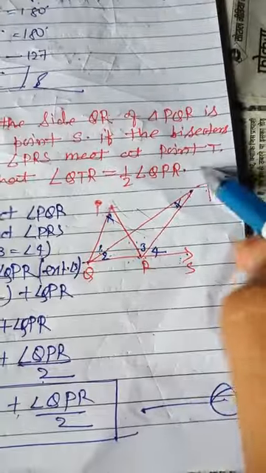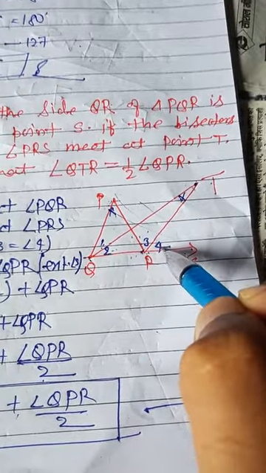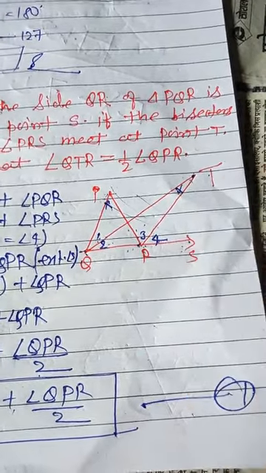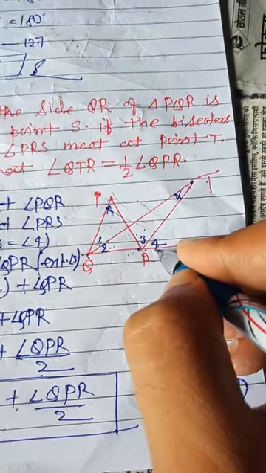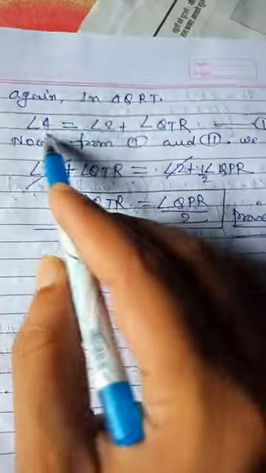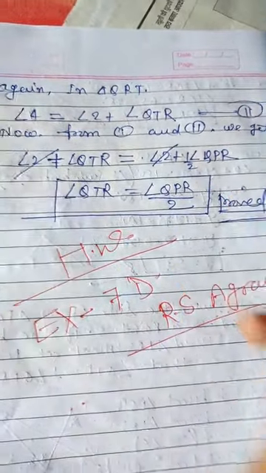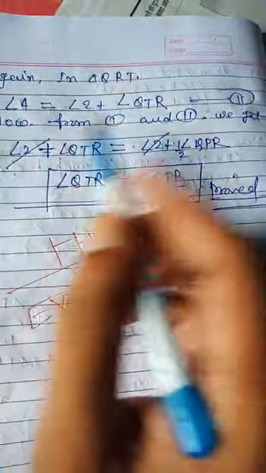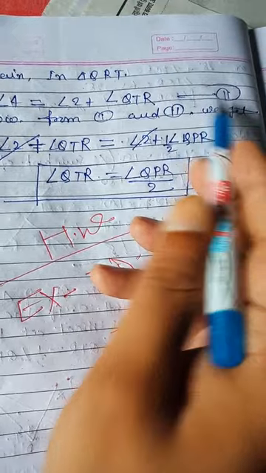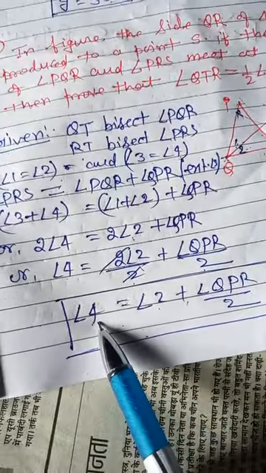Again, in triangle TQR, angle 4 is the exterior angle. So we can write angle 4 equal to angle 2 plus angle QTR. This is equation second. Now the LHS of equation second is angle 4, and the LHS of equation first is also angle 4.